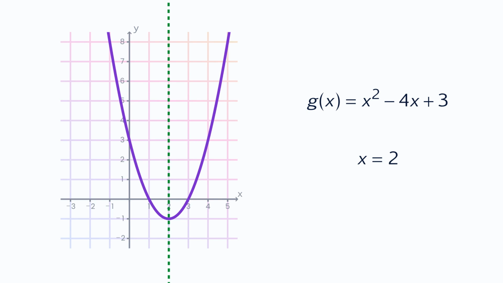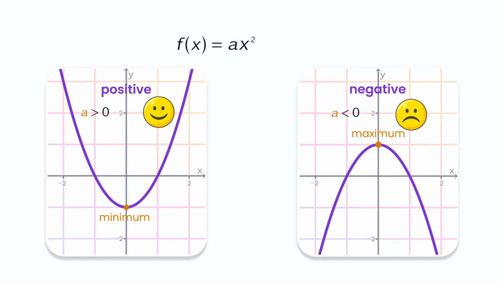Now, why would you want to find the axis of symmetry? Because the vertex of the parabola is always located on the axis of symmetry. This way, you can always find the maximum or minimum value of the function. Remember, it's the sign of the coefficient a that determines whether the function has a minimum or a maximum.